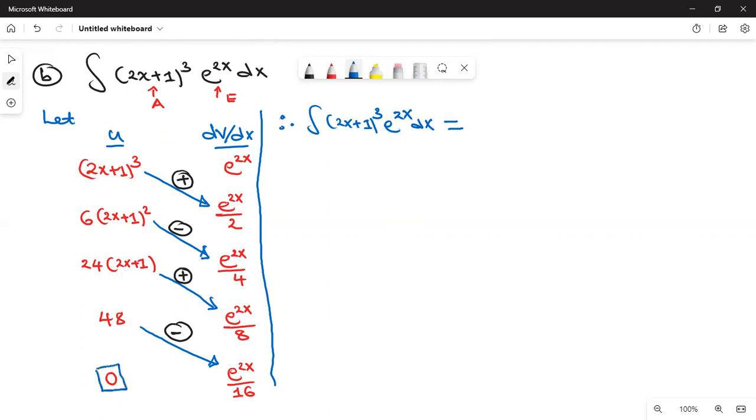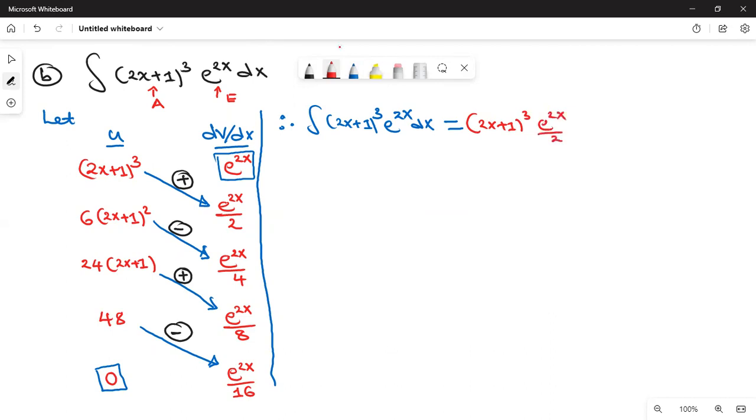Don't use it. Neither have we used this value. So we'll have 2x plus 1 cubed times exponential 2x over 2.